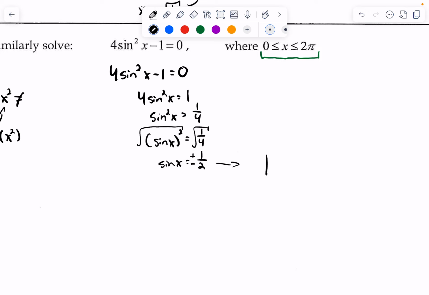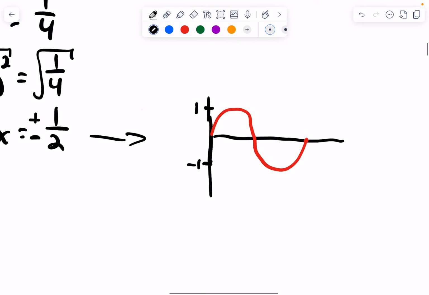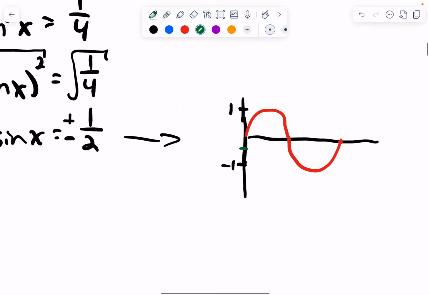Well, graph sine x. You're looking for the output of positive or negative 1/2. This is positive 1 and that would be minus 1. Well, 1/2 is right here, and that's negative 1/2.